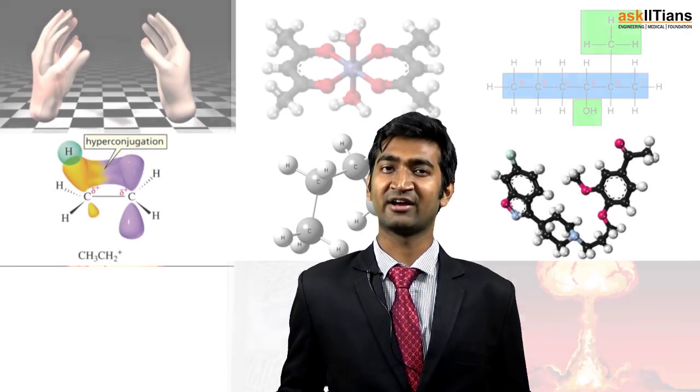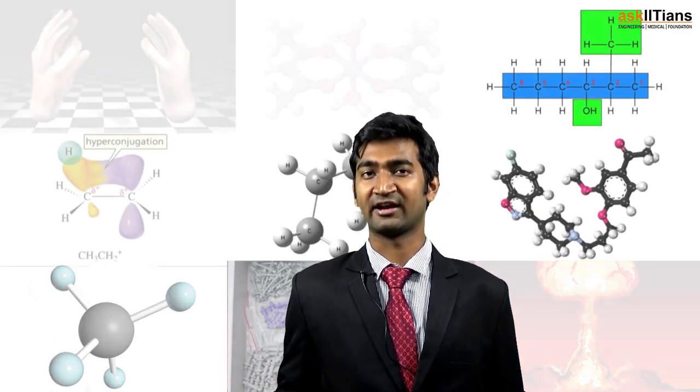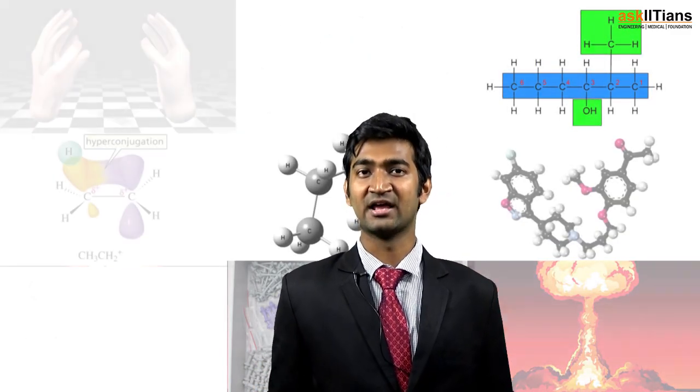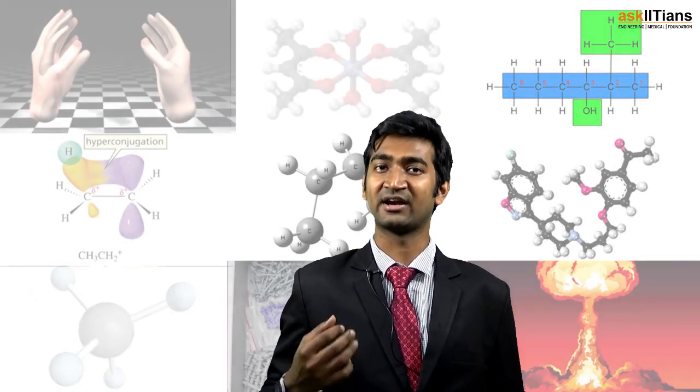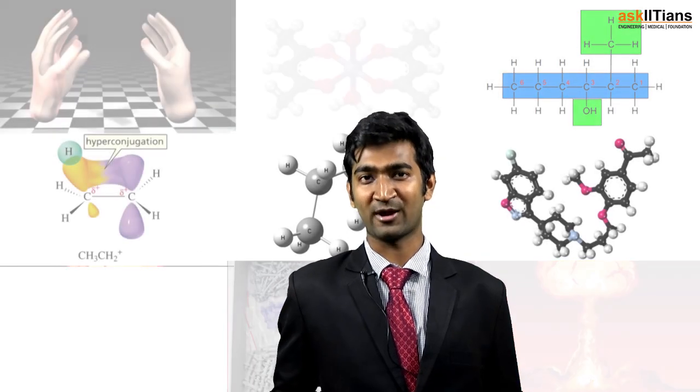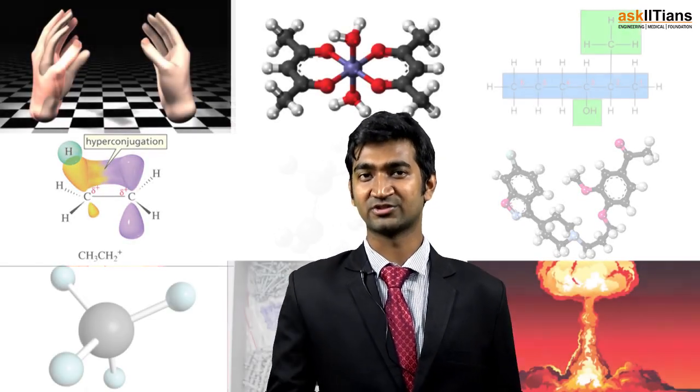Now in the next part, I will be teaching you a very important topic called nomenclature of organic compounds. Your IIT-JEE has always shown interest in giving questions from IUPAC nomenclature. So stay tuned with me for that.